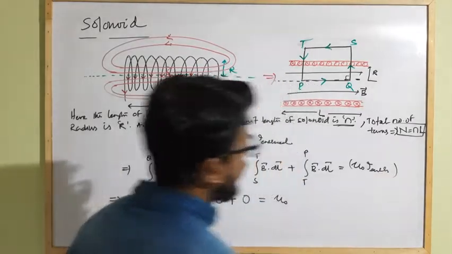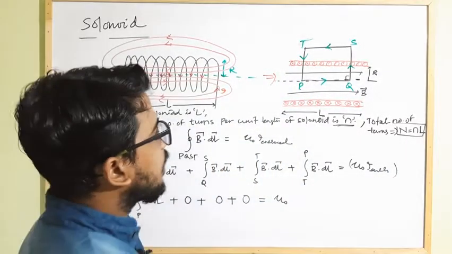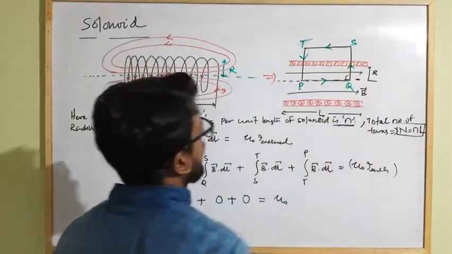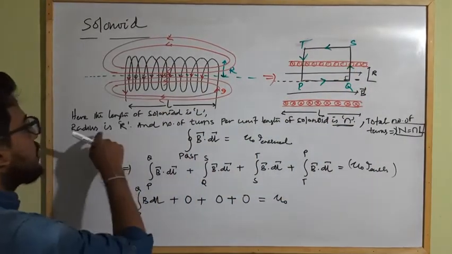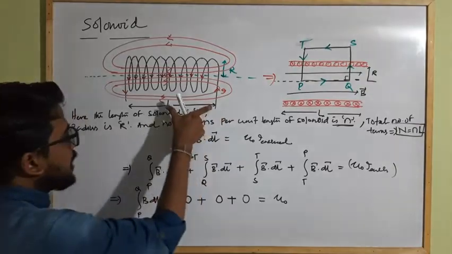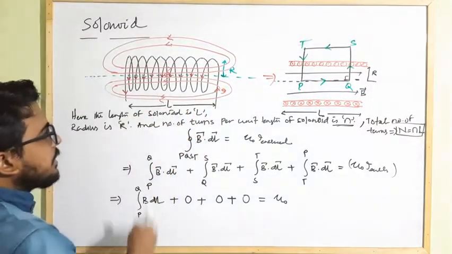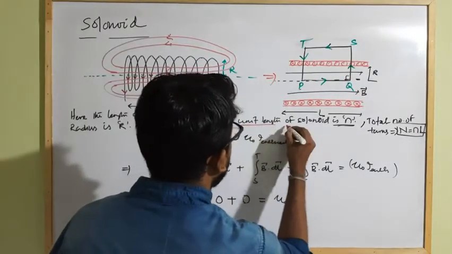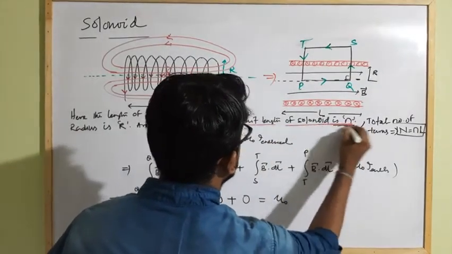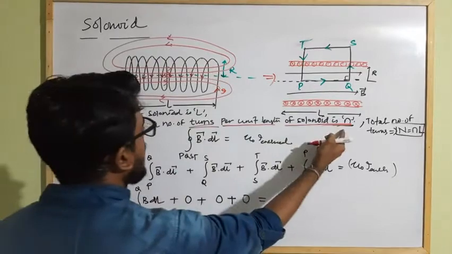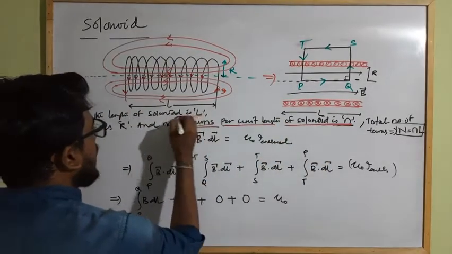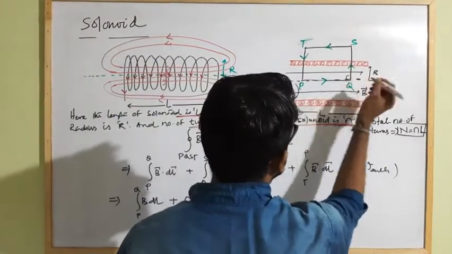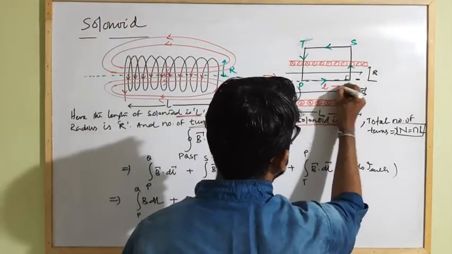What is I enclosed? The amount of current enclosed within this much length of the solenoid. The length of the solenoid is L, and per unit length it carries how many turns? Small n number of turns. Turns per unit length is n, and the length of the solenoid is L. We are assuming PQ of the segment, maybe this length is small l.